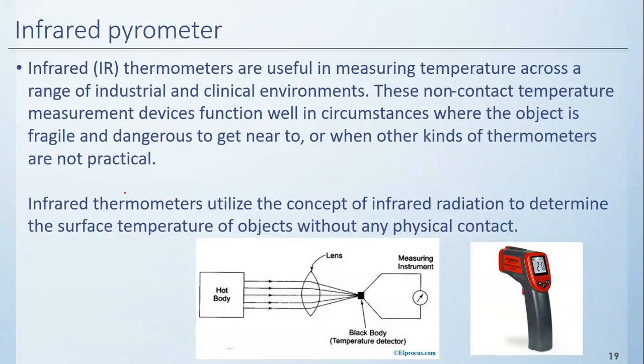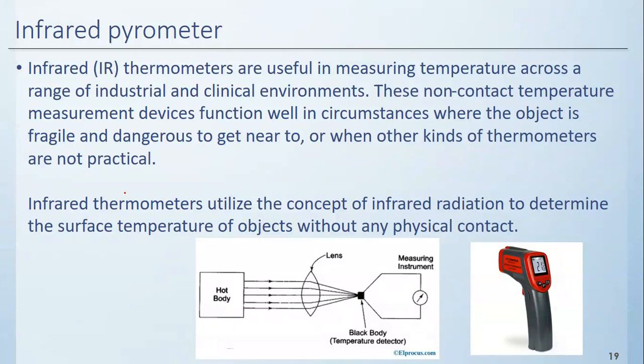Here, an object, when it has a temperature greater than absolute zero, will have atoms moving in a faster manner, and the speed of atoms will be related to the temperature. Okay. So according to the increment in the temperature, the speed of the movement of atoms will also increase.